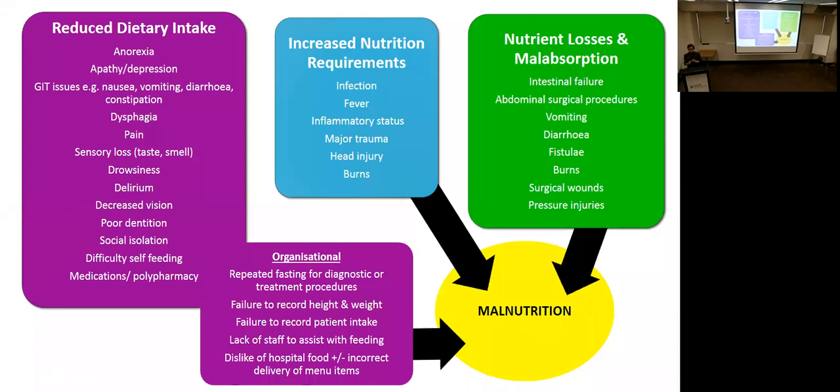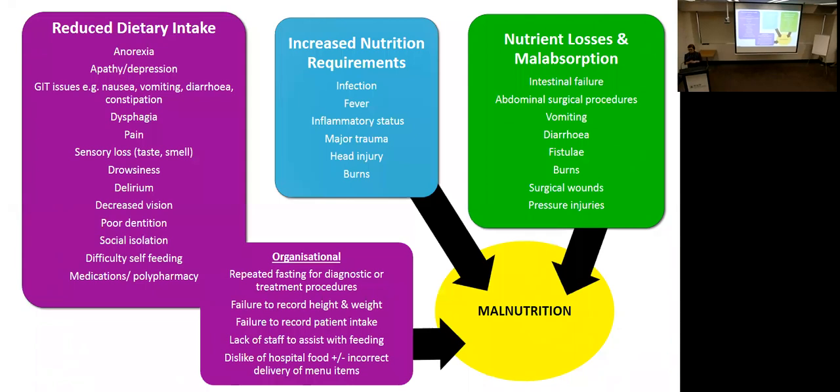There are a number of factors why someone is eating less than their body needs. The most obvious one is anorexia or loss of appetite. And then there are a lot of other conditions, particularly pain and gastrointestinal issues like nausea and vomiting. They're all going to contribute to anorexia and further decrease oral intake.